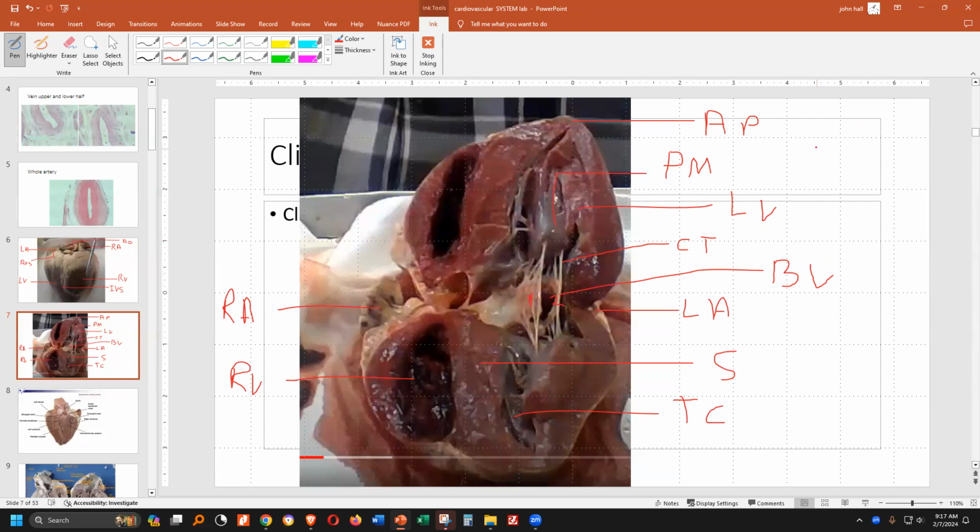So right here, we have more than enough labels, right? So we have apex of the heart, which is the tip of it. We have the papillary muscle here, PM. You have the left ventricle. You have the chordae tendineae. You have the bicuspid valve.